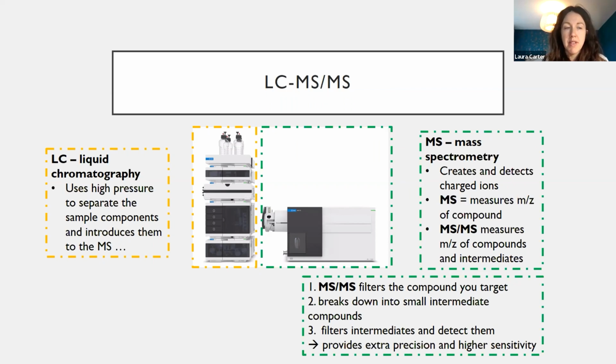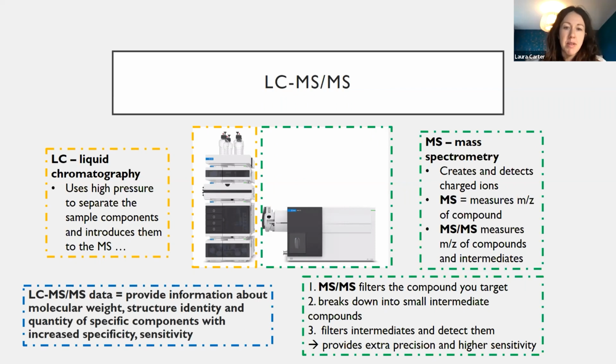The first MS filters the precursor ion, and then you get fragmentation of the precursor ion with lots of high energy and gas. And then a second mass analyzer filters your product ions. Really, the advantages of MS-MS are that they increase the sensitivity of your analysis, and you can get more structural information about the fragmentation pattern.